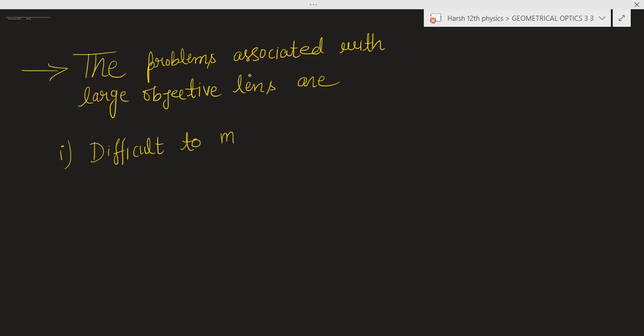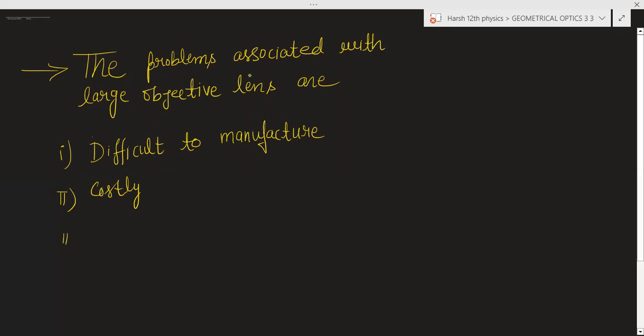Number two, it is costly also, because you are making a large objective, so the material will be costly. And it is difficult to hold mechanically.